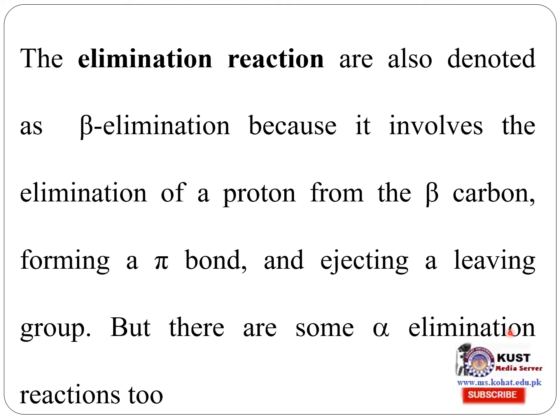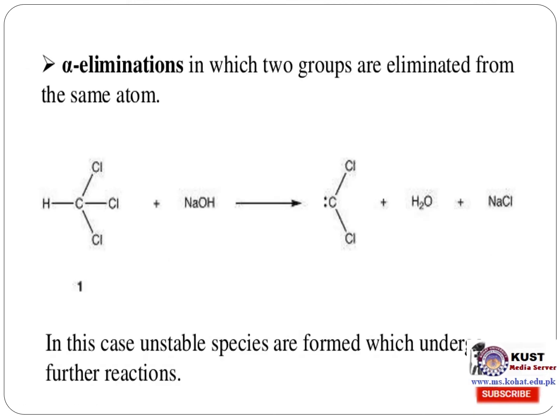But there are also some alpha elimination reactions, in which the two groups are removed from the same carbon. For example, alpha elimination is the reaction in which the two groups are eliminated from the same carbon. If we look into this example, the chloroform has undergone the elimination reaction in the presence of a strong base.